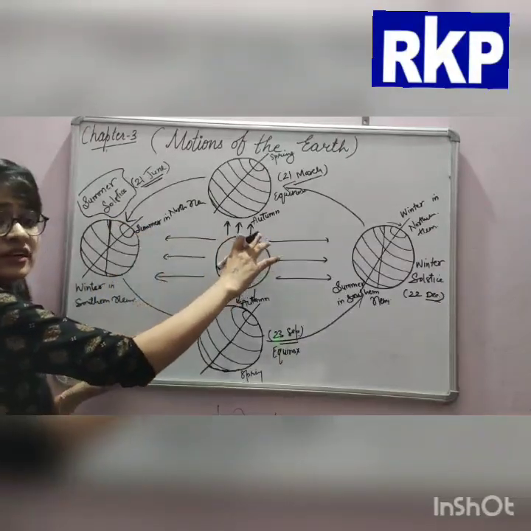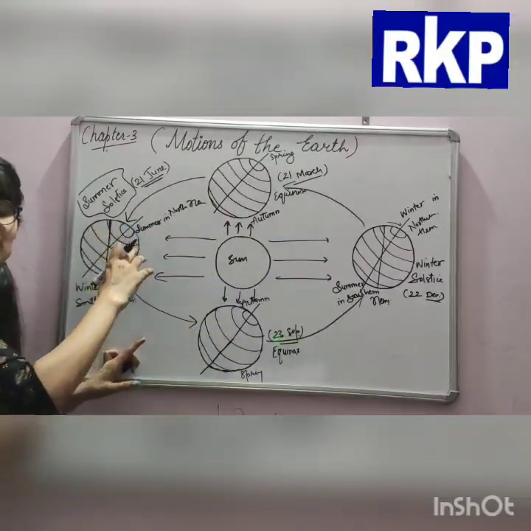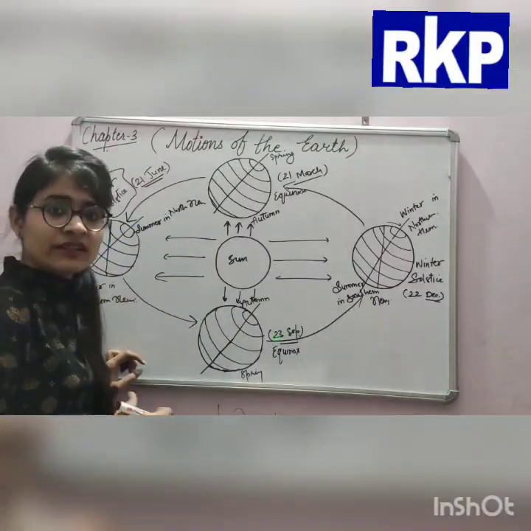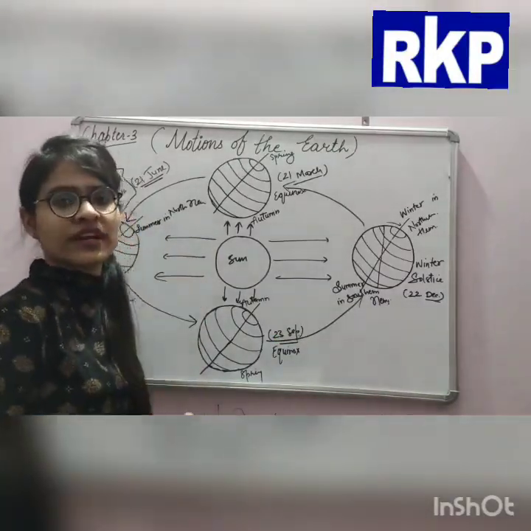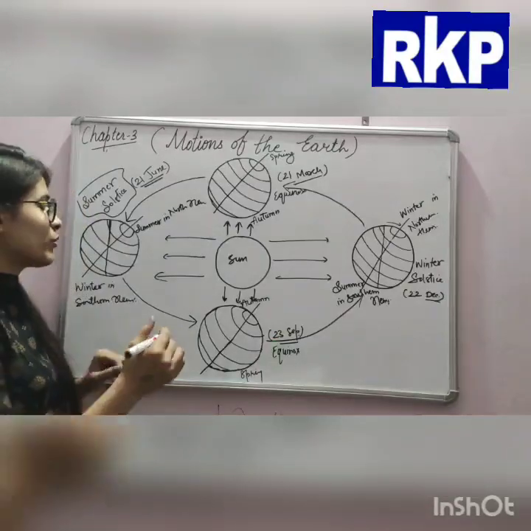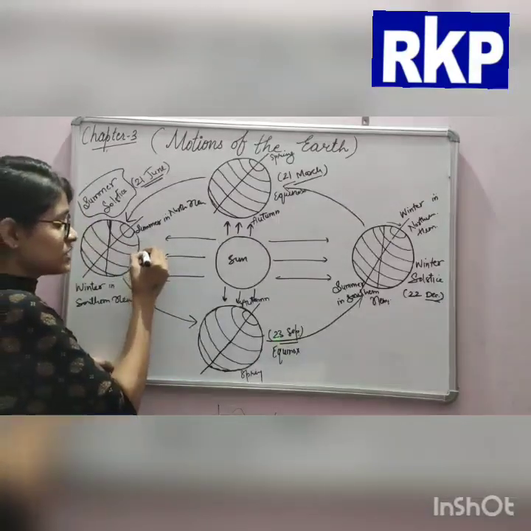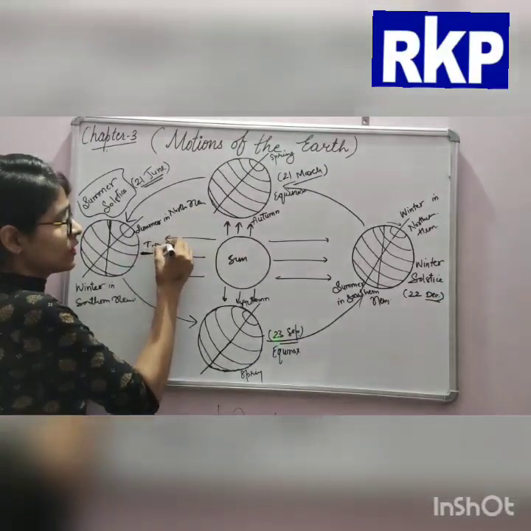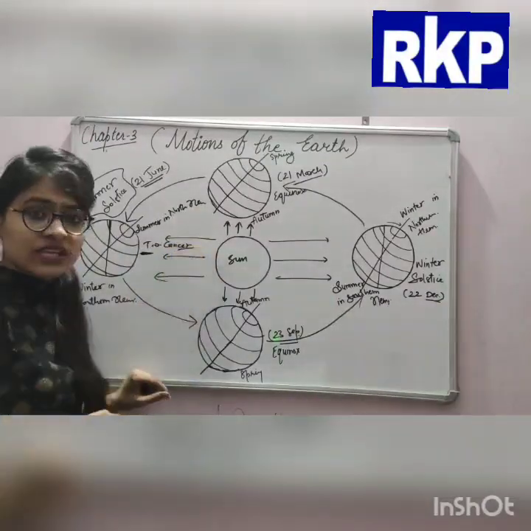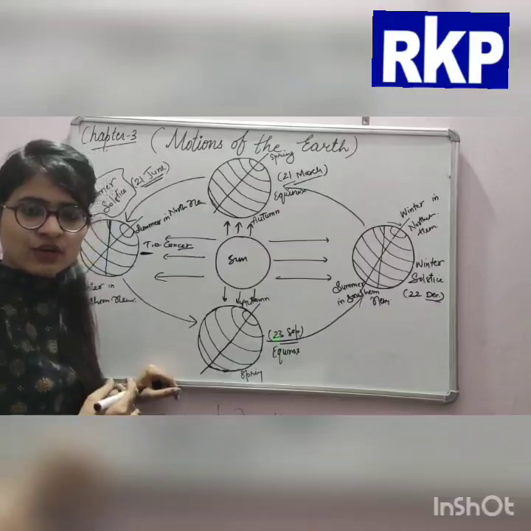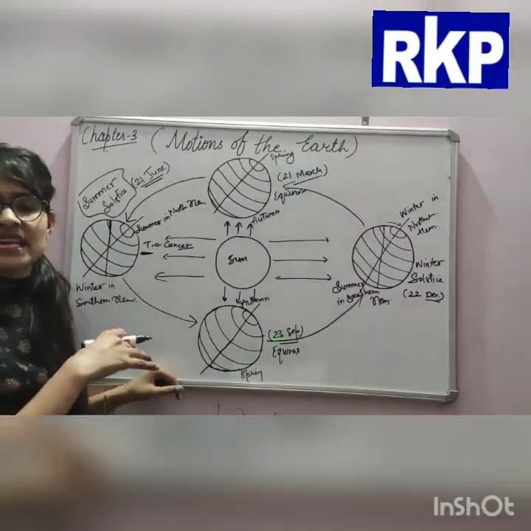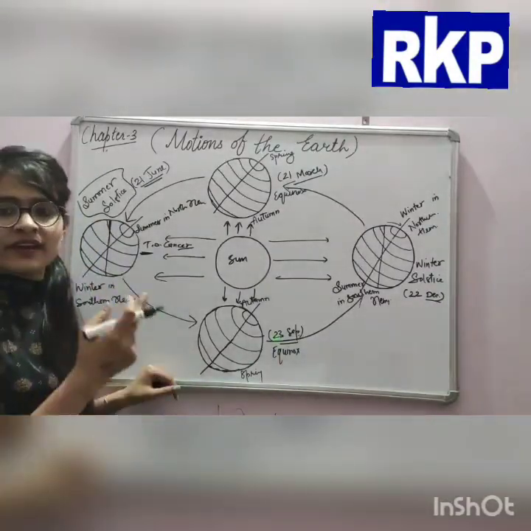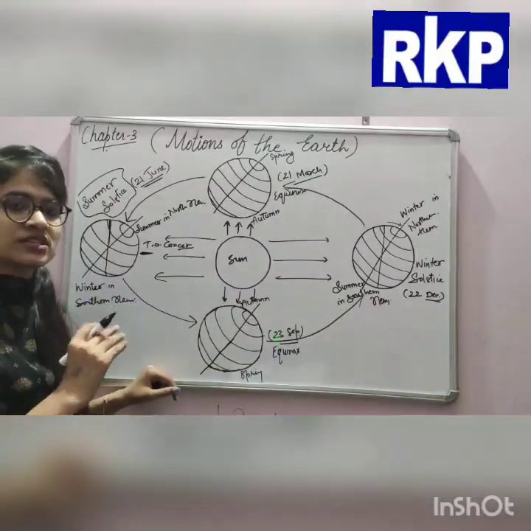They directly receive the heat and light of the sun on the Tropic of Cancer. That will receive direct sunlight, and because of that, these areas receive more light and experience summer.